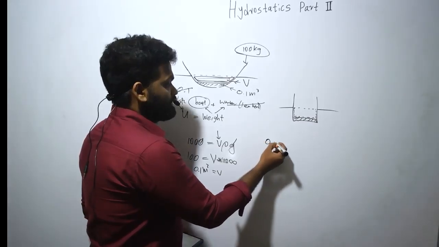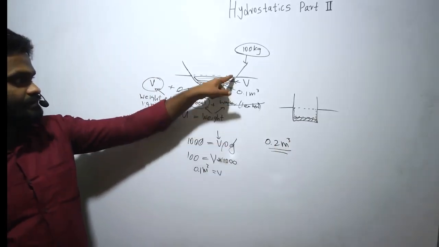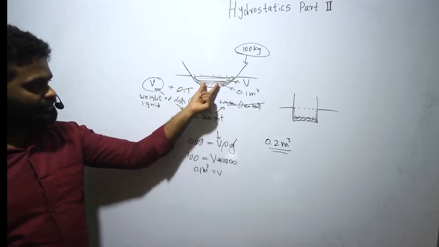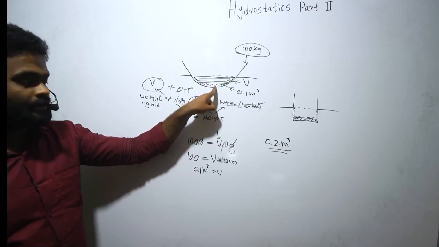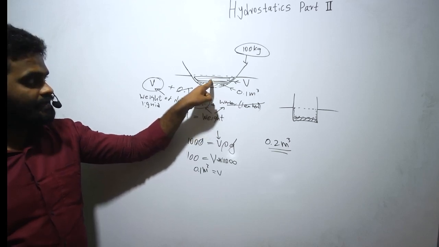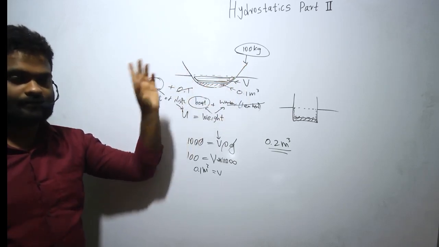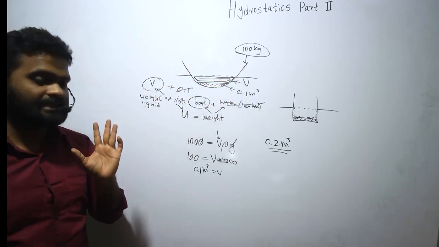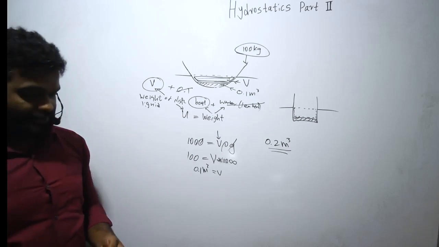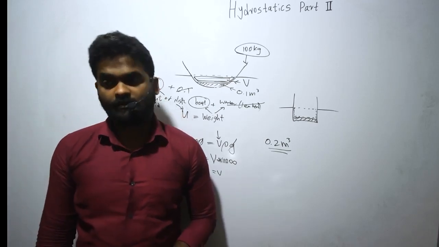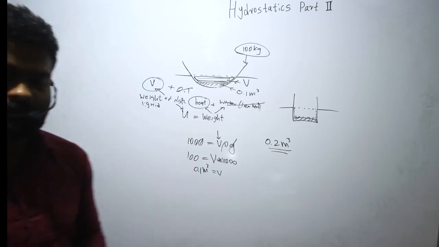Then the total immersed volume is 0.2 cubic meters, right? So that is the total. This 0.1 cubic meter is displaced to balance out the weight of this water. Then this is displaced to balance out the weight of the boat. You have to clearly understand that. Many times as MCQs in the exam they have checked whether you understand this concept clearly. So the answer should be the second one.